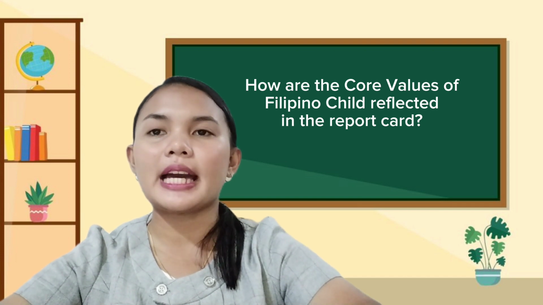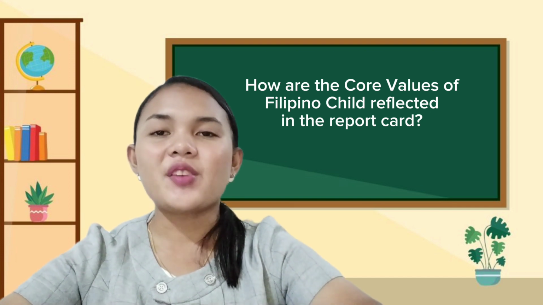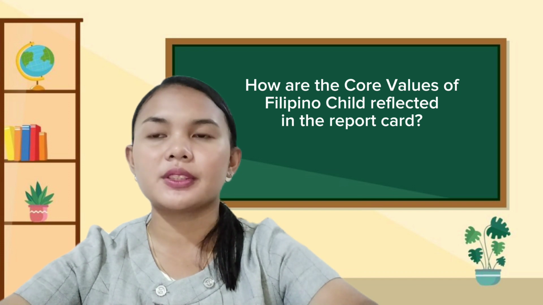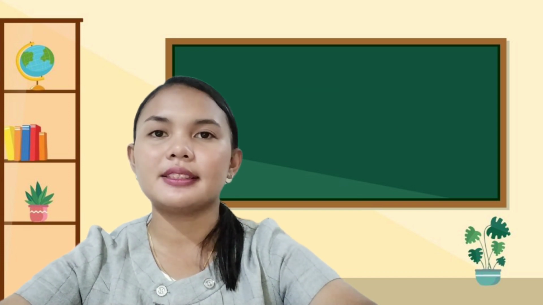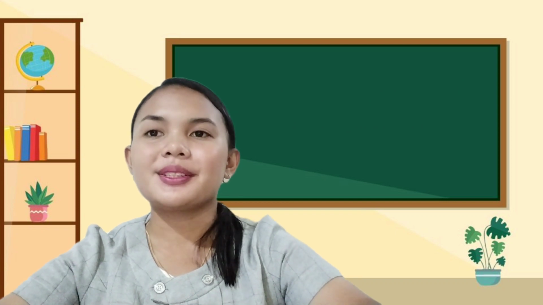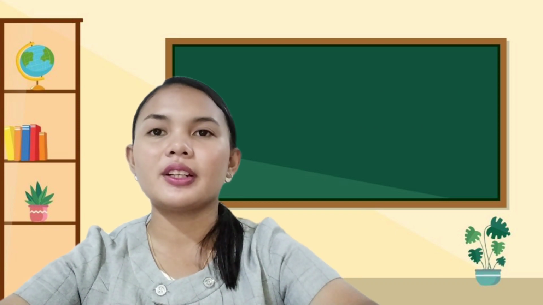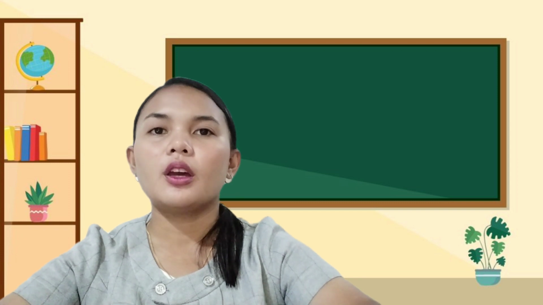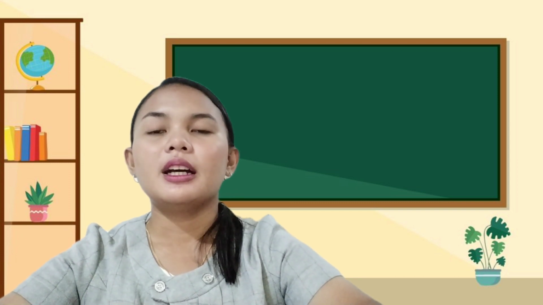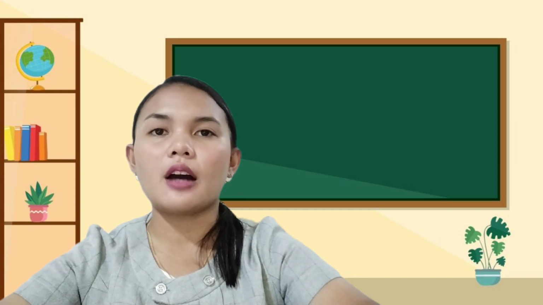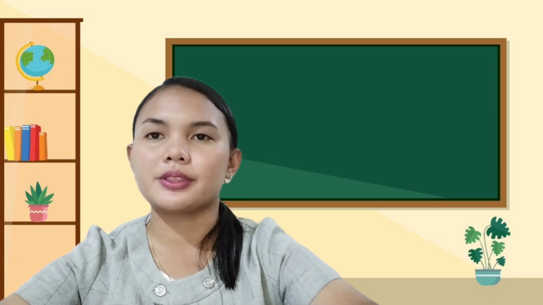The next one, we have love of country and respect for national heroes. This core value is reflected in the social studies subject area. Social studies teaches learners about the history, cultures, and traditions of the Philippines, including the lives and contributions of national heroes.